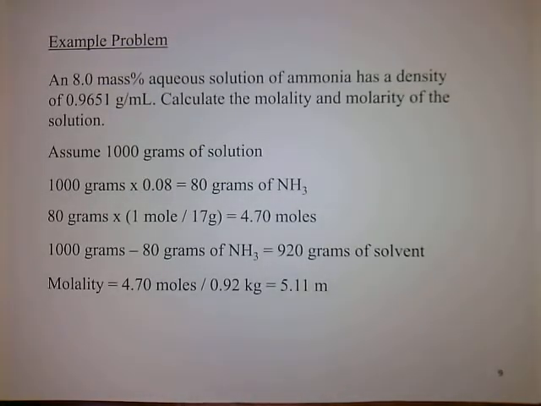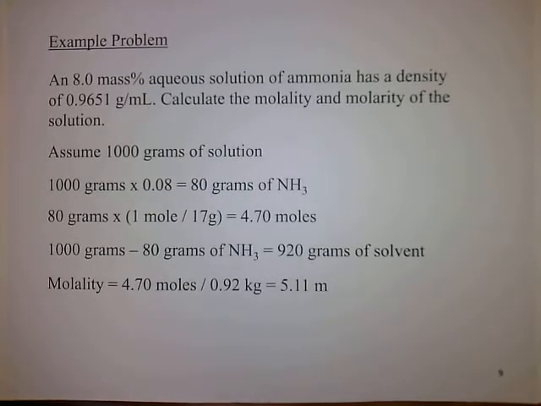So what do we know? It's 8% ammonia by mass, and it has a density of 0.9651 grams per milliliter. We will calculate the molality and the molarity. So let's assume 1,000 grams of solution. That's just a convenient number to work with.